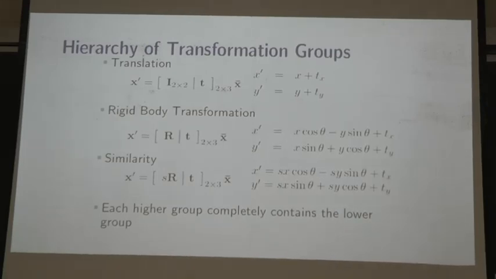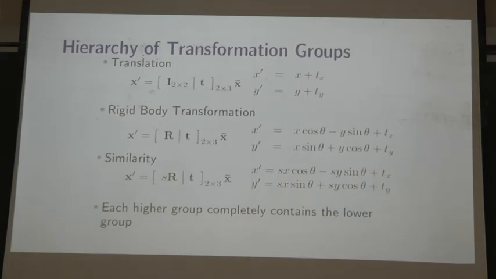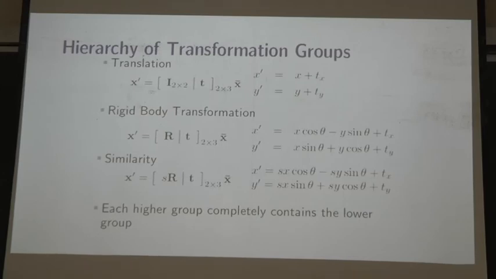In this particular category, you can rotate, you can translate, but you can also expand equally on both axes. You can change the size equally on both axes. That is, you can zoom in or zoom out, but not do a squish, unequal scaling. Okay, so this category is called similarity.